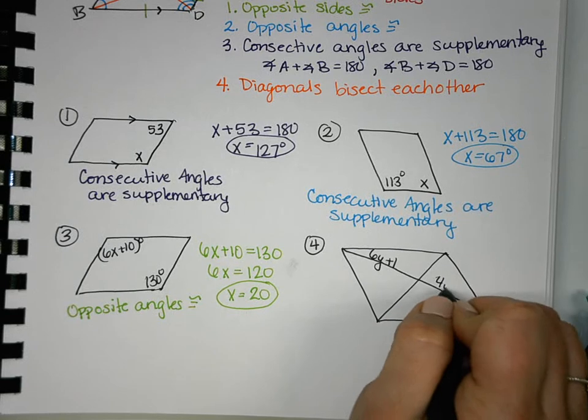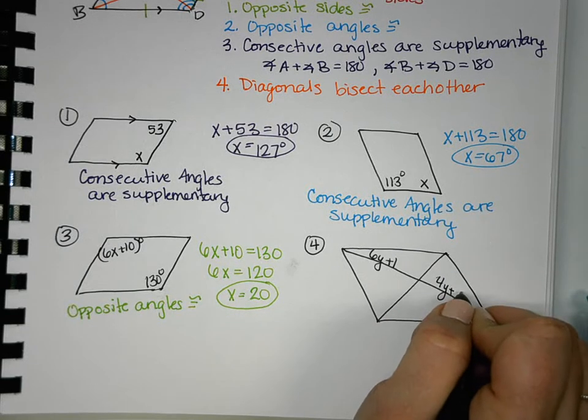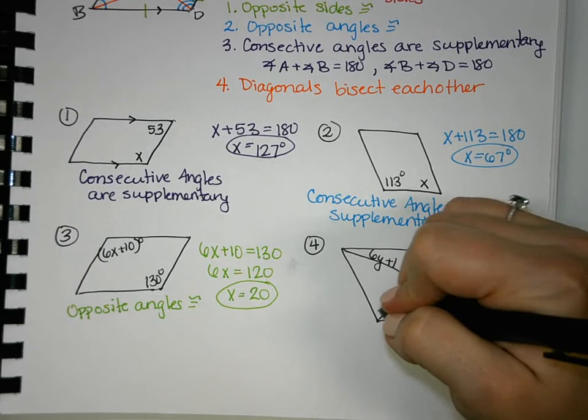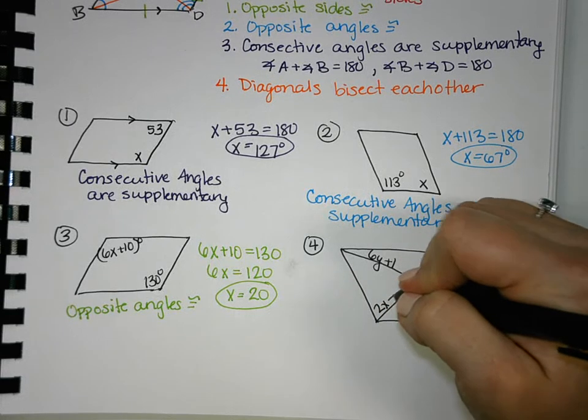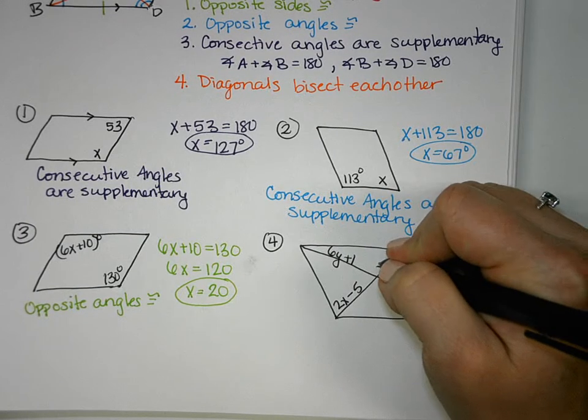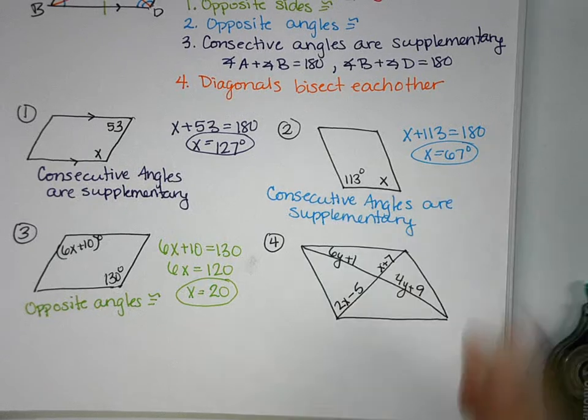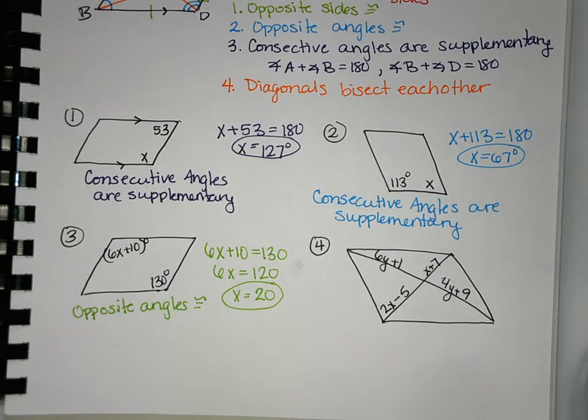Alright, so this last one is for the front page of your assignment. Again, we want to look at our properties and think which one helps us solve for x or y. In this case we have 2 letters to solve for.